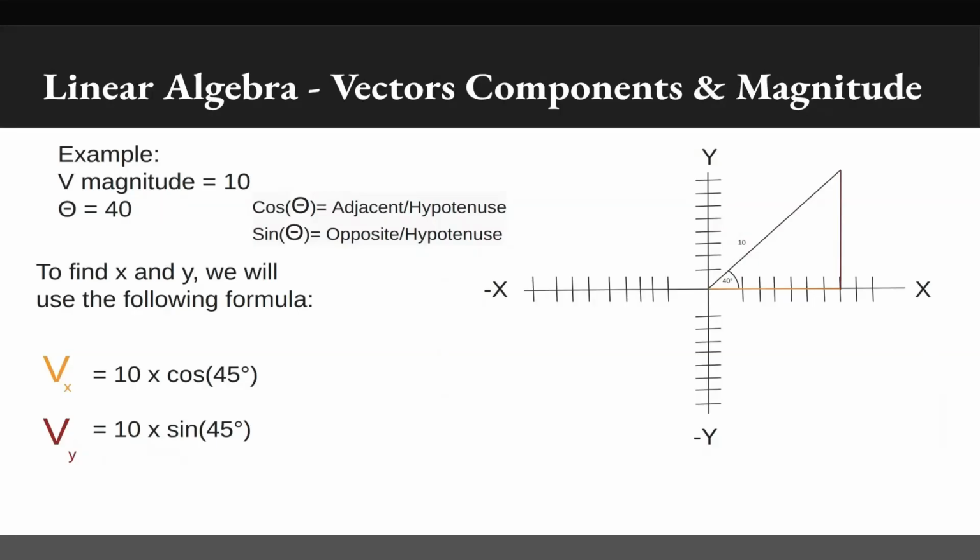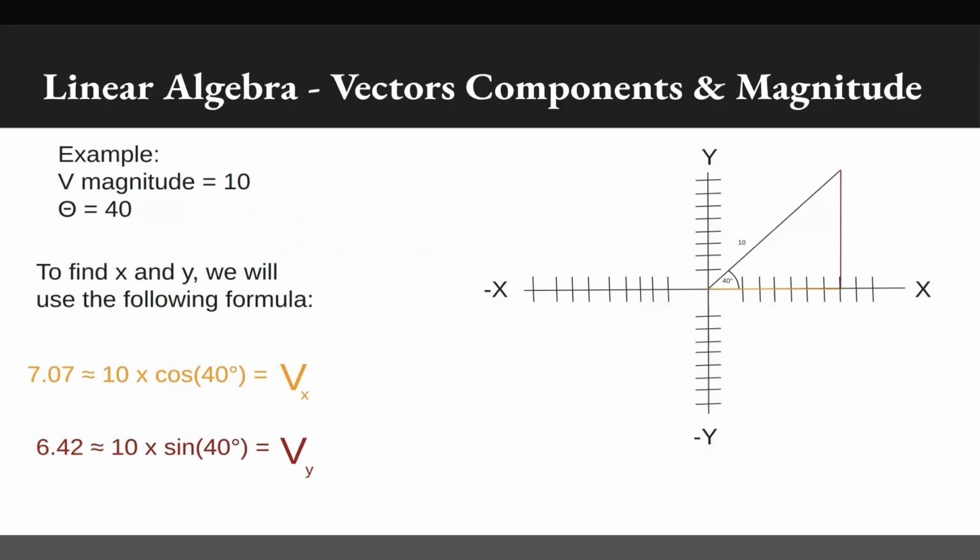Vx is equal to 10 times cos theta is the formula, and Vy is equal to 10 times sin theta, and that is the formula right here. And if we do the sum, approximately Vx should be equal to 7.07 and Vy should be equal to 6.42.